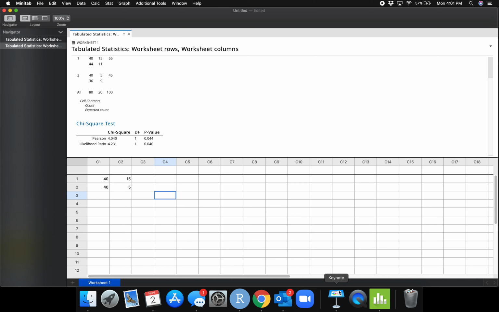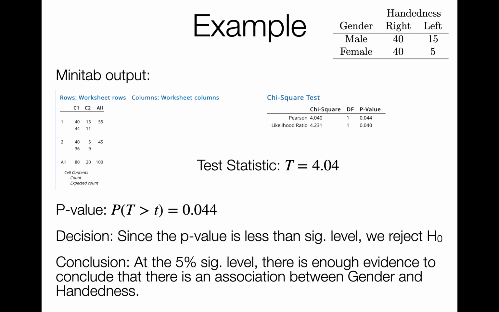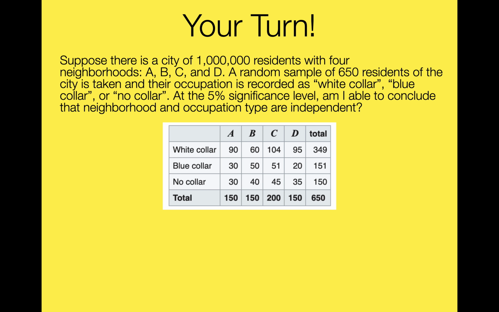Okay, so that's how you go through it. So here's your turn. I give you a small example here with the types of work that people do and the neighborhood that they live in. I want you to do the same thing at the 5% significance level. Am I able to conclude that the neighborhood and occupation type are independent?